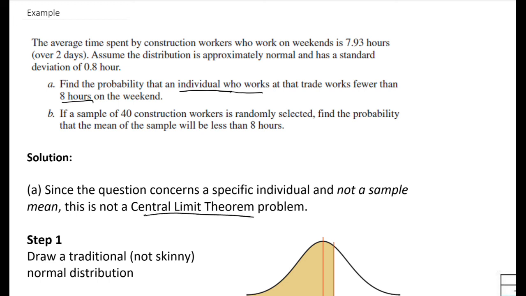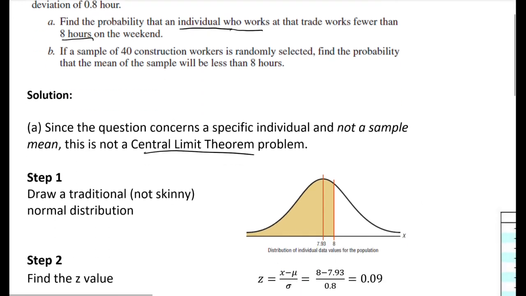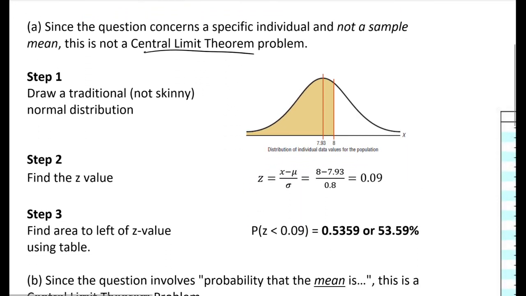So this is an X problem, not an X bar problem. So for step one, we are not going to draw a skinny normal distribution. We're going to draw a normal fat one, the one that is less spiky and more wide. This is because we're not doing the central limit theorem.